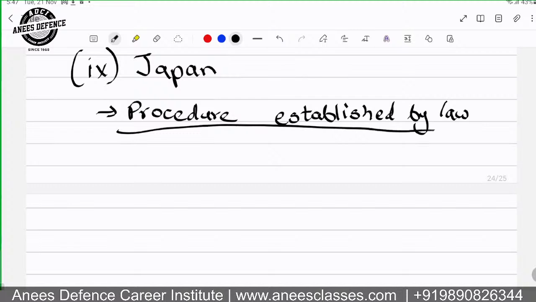Actually, Article 21 says that no one can be deprived of his or her life except according to the procedure established by law. So now let us move forward.